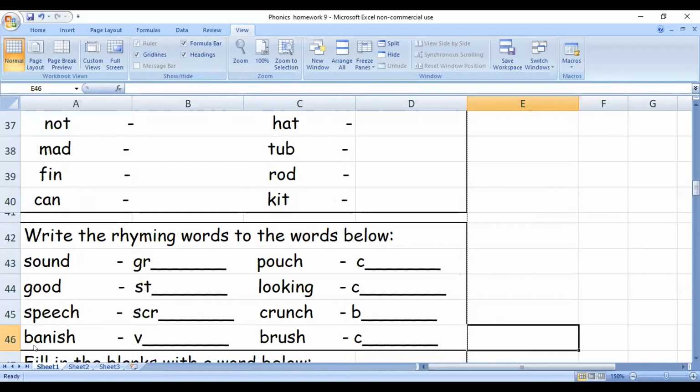Here it should have the ending sound anish, banish. Here, pouch, so it should have the ending sound ouch. It should have the ending sound ooking. Here it should have the ending sound crunch, and it should have the ending sound rush.